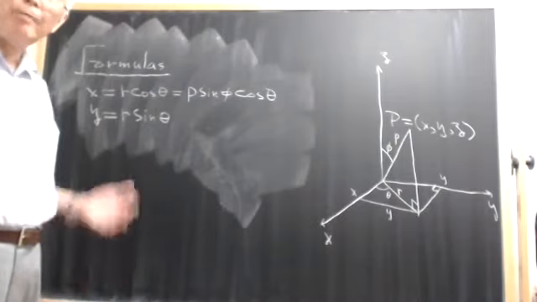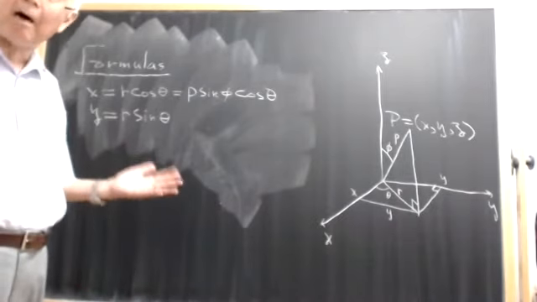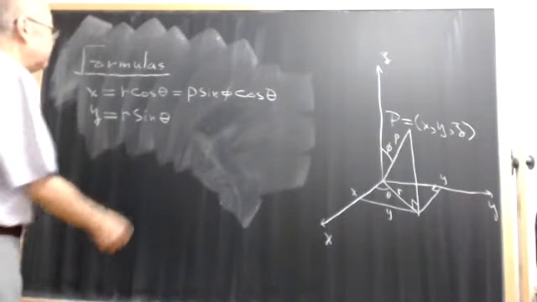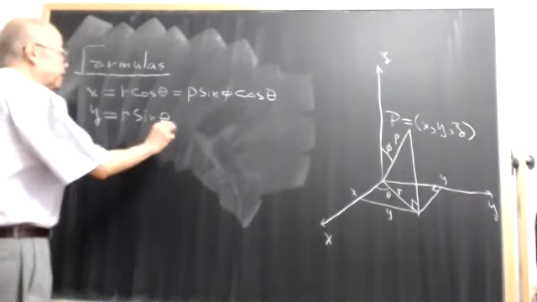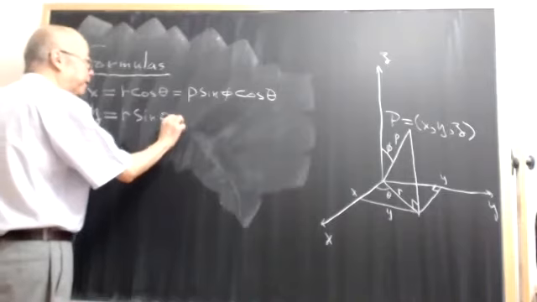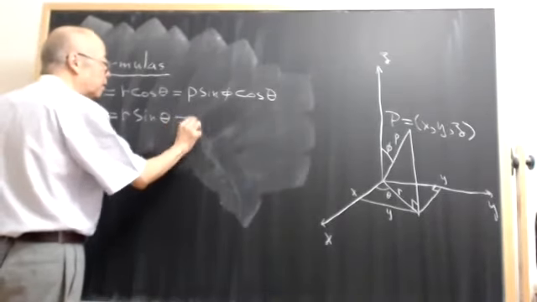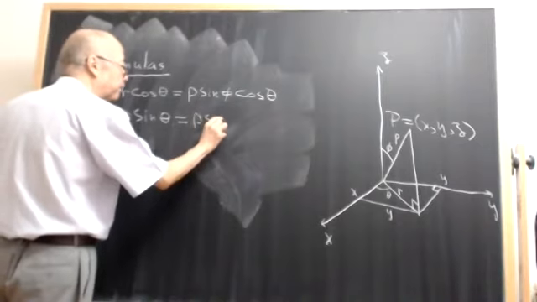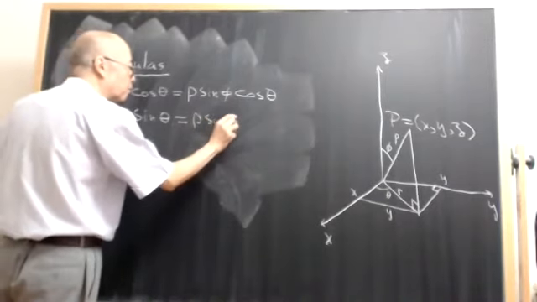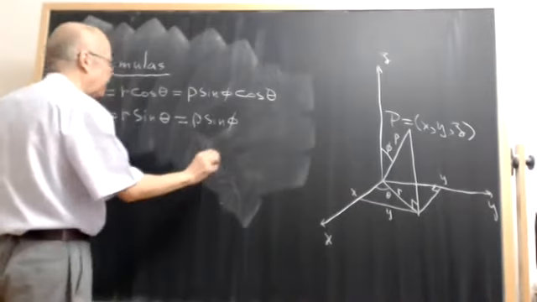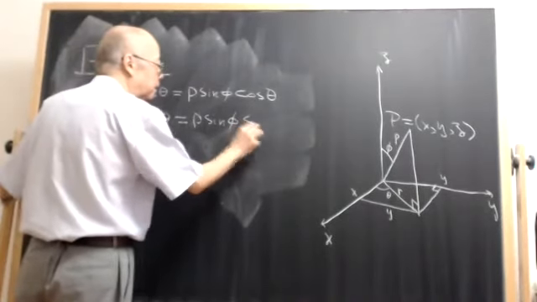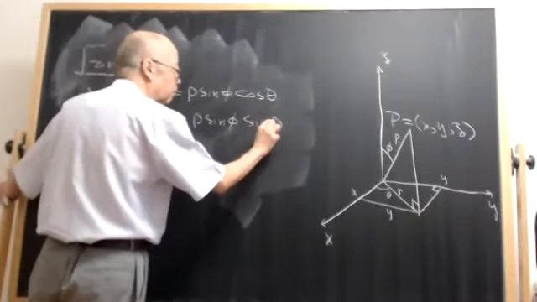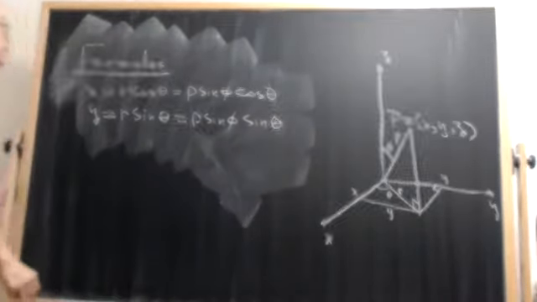Now, again, we want to replace R by something else. As before, it is rho sine phi. And then we have sine theta. Right?